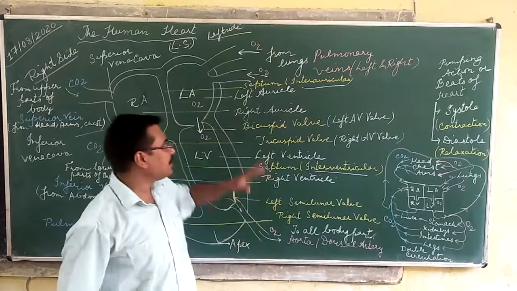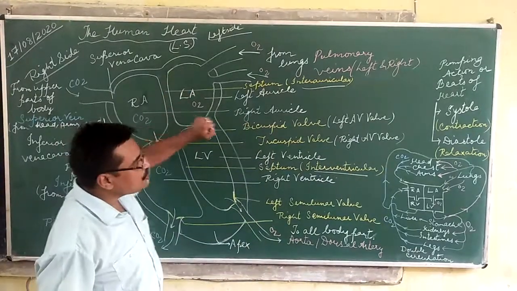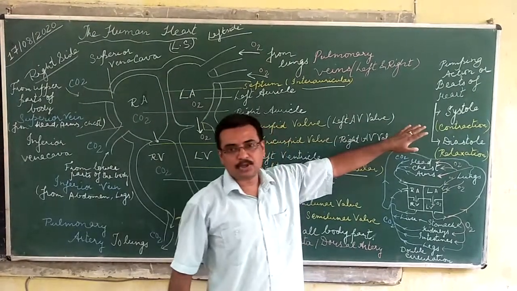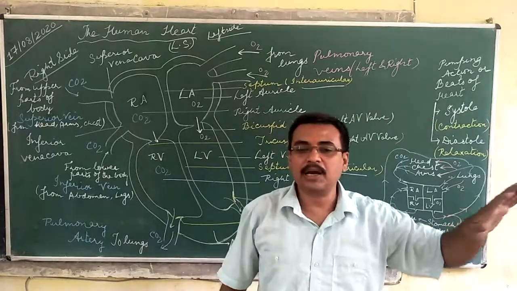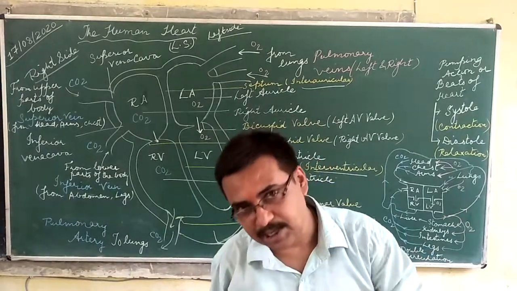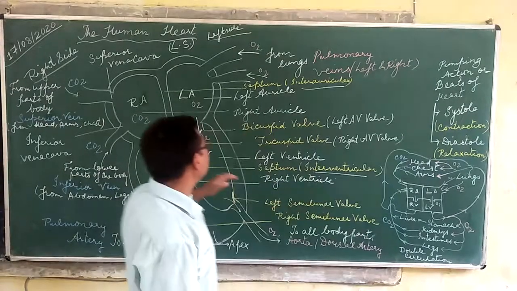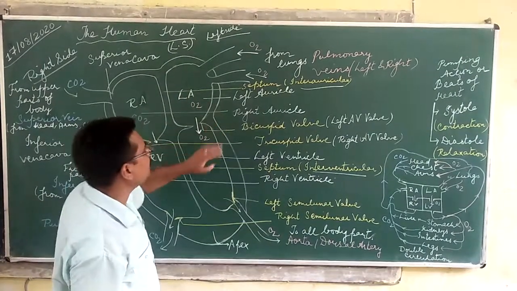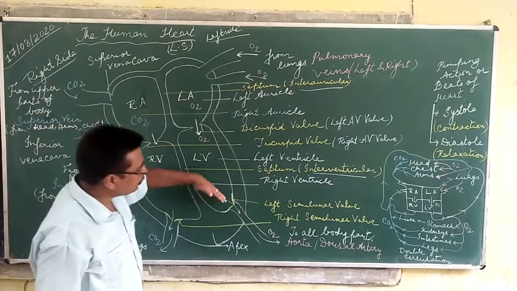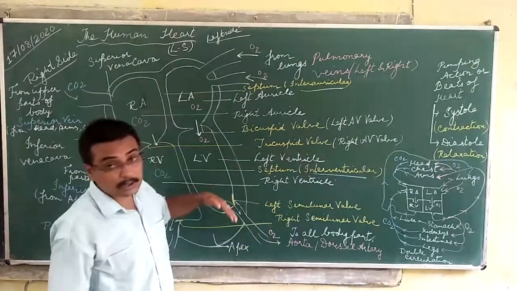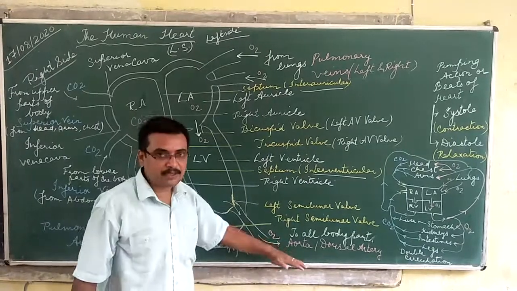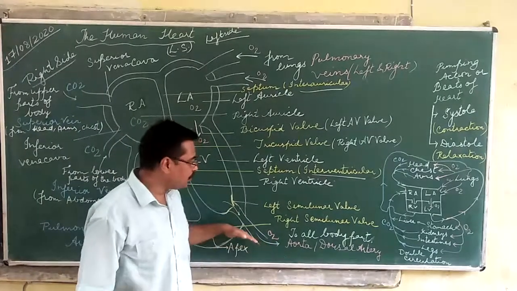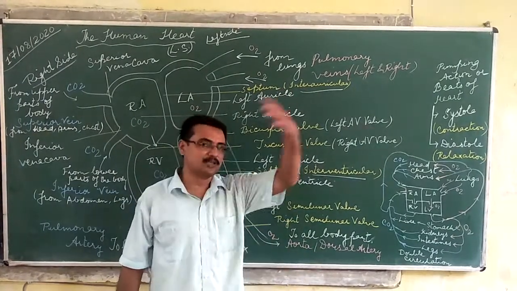Now from the LA there will be contraction. This contraction and relaxation of the heart: contraction is called systole and relaxation is called diastole. So there will be contraction here, and blood will flow from here to here. Similarly, the blood goes out of the LV, and it sends blood to the different parts of the body.